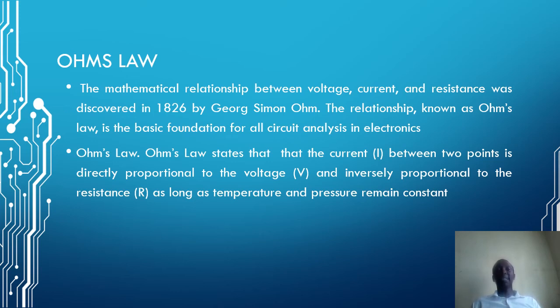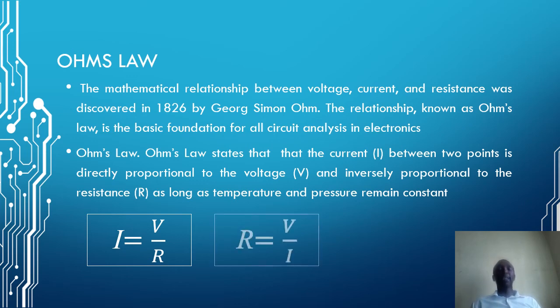Ohm's law states that the current between 2 points is directly proportional to the voltage and inversely proportional to resistance, as long as the temperature and pressure remain constant. Or, in other terms, I equals V over R. From this equation, we can deduce that resistance is equal to voltage divided by current, or voltage is equal to current times resistance.